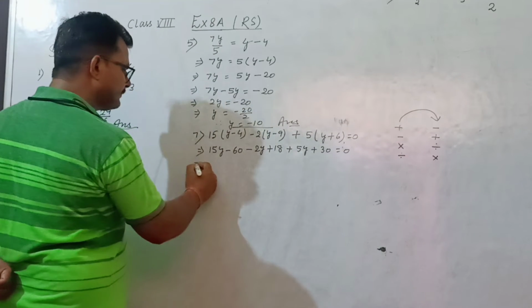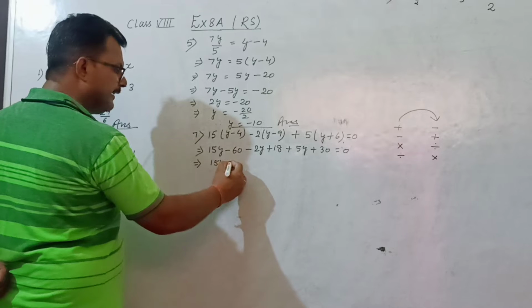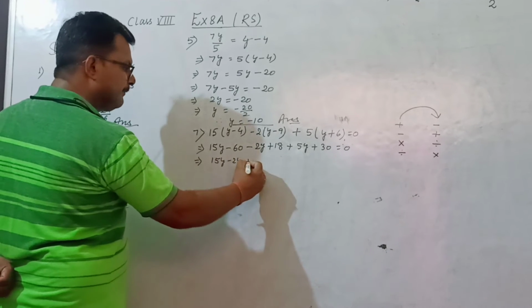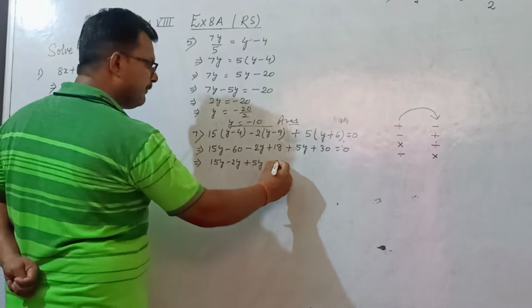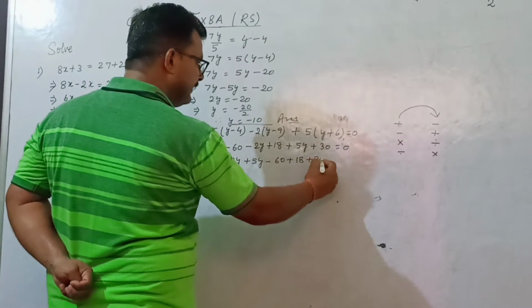Now see, 15y minus 2y, then 5y, here minus 60, here 18, here 30.